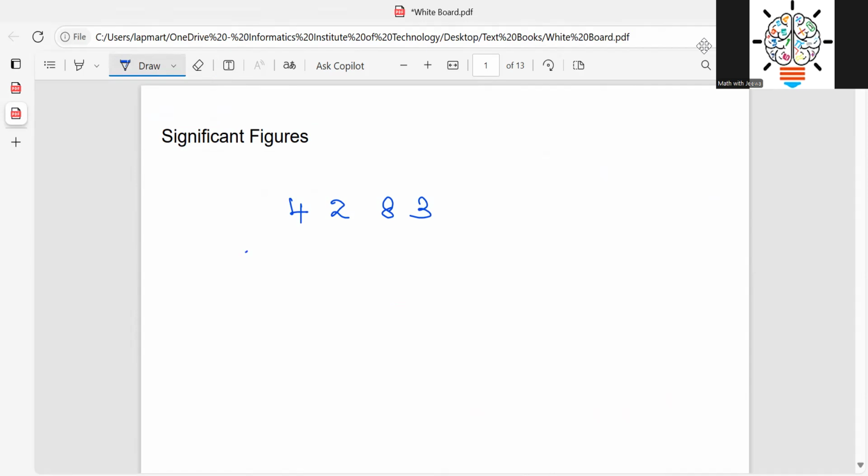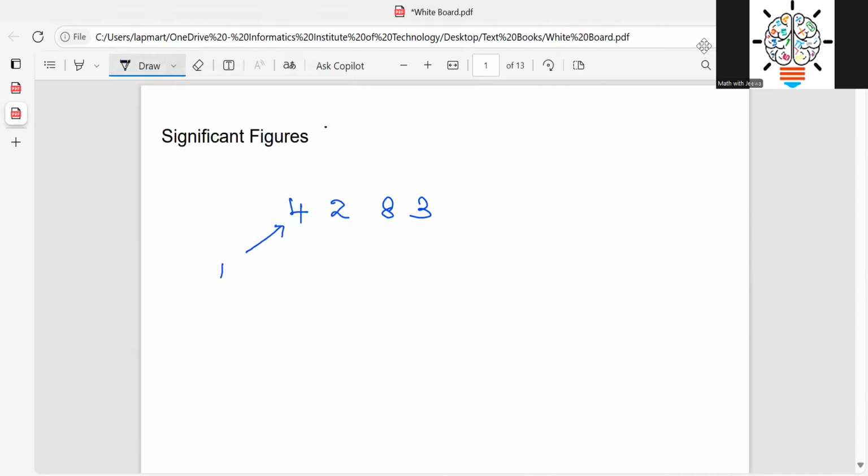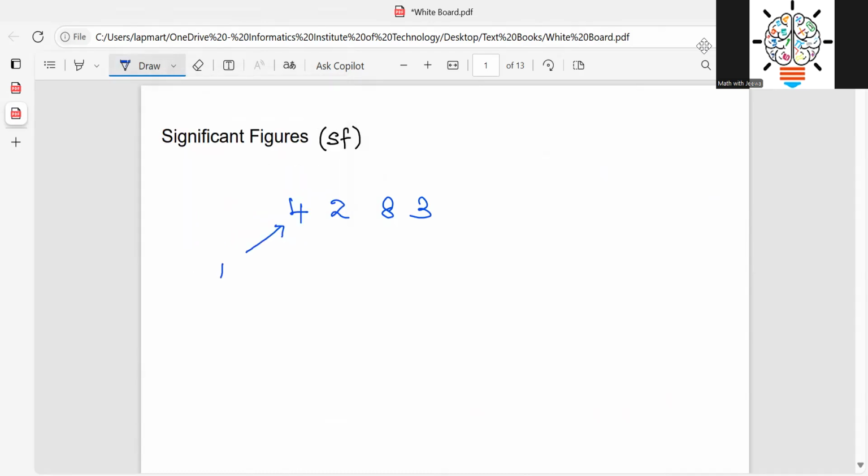This we call the first significant figure. Inside the bracket here, we write SF for significant figure. If I write 1 SF, this is the first significant figure. This is the second significant figure, this is the third, and this is the fourth. This is how we categorize them.